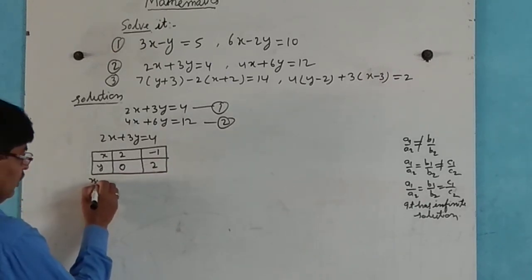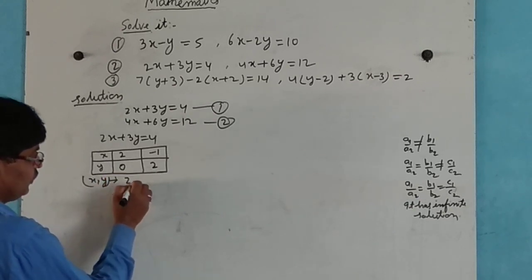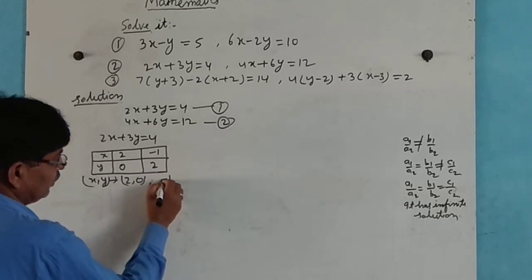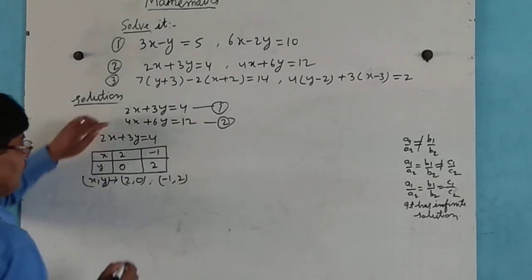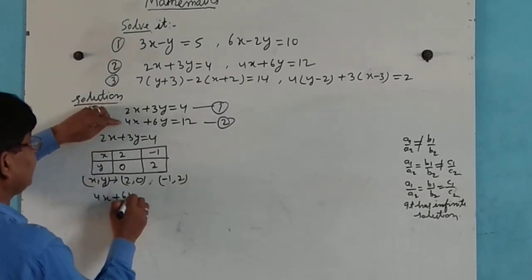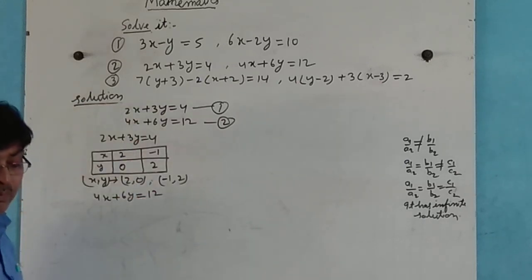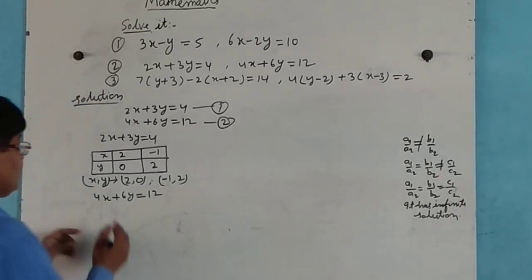Here x, y equal to 2, 0 and minus 1, 2. Second equation, 4x plus 6y equal to 12.